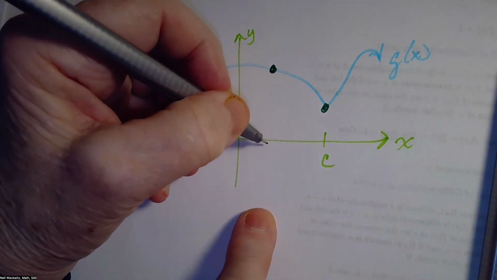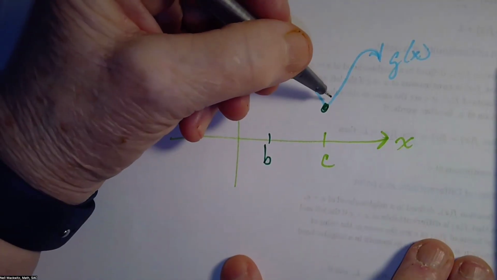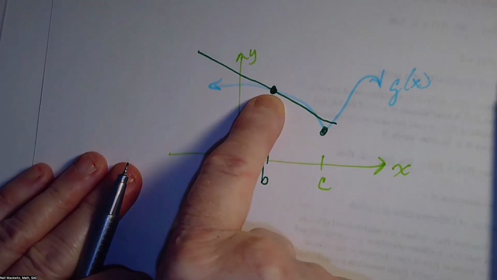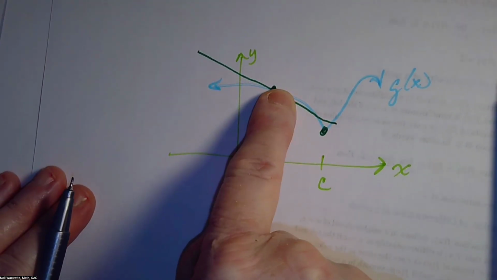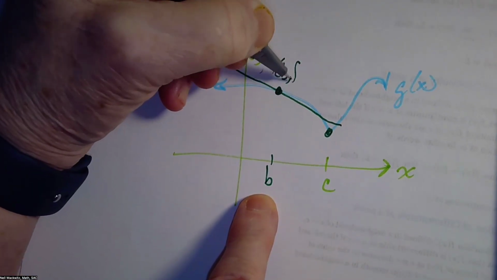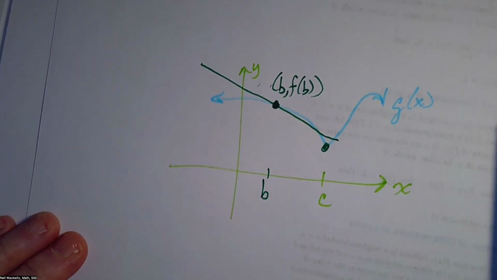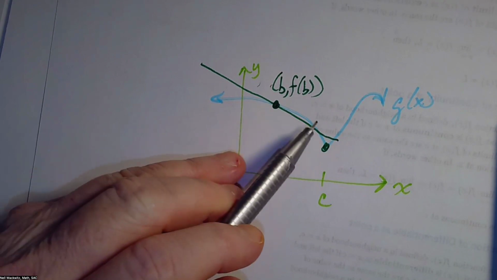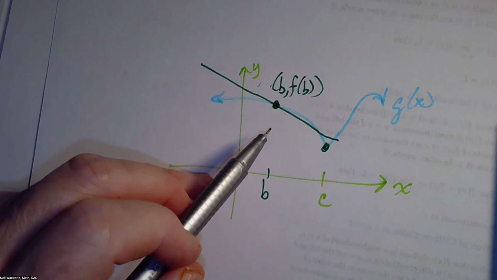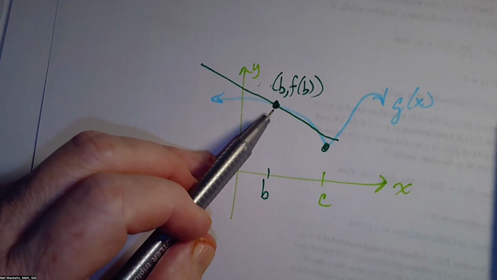Let's look at the slope up here, and I'll call that b. If I draw a line, and that line was supposed to touch the graph smoothly at this value b, g of b, is it possible to draw more than one line that smoothly touches the graph at b, g of b and only touches at that one point?